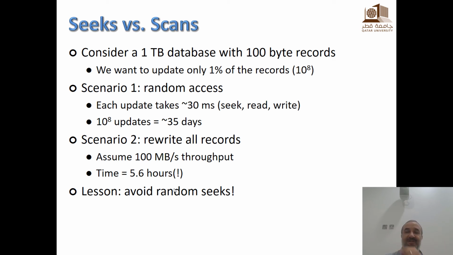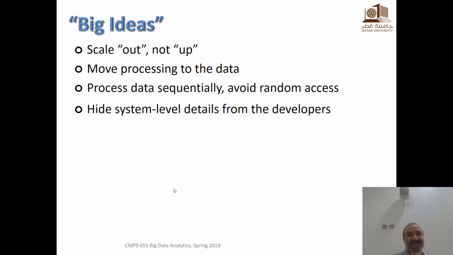Question? No. Okay, I see something on your face. Sometimes you try to answer something and you realize you didn't put the question or know the answer. Okay, good. The fourth one, which we already discussed, is hiding system-level details from the developers.